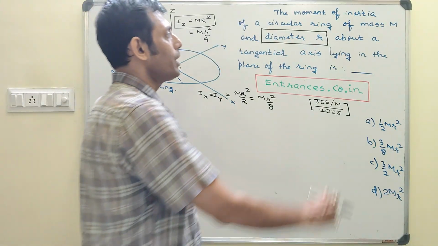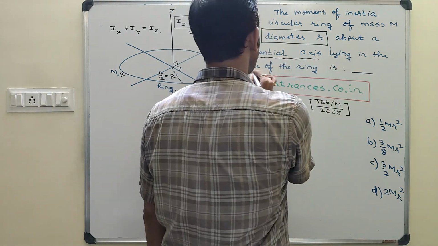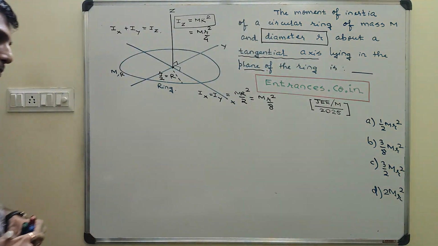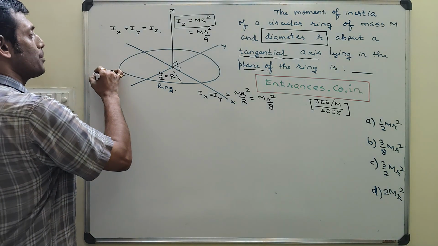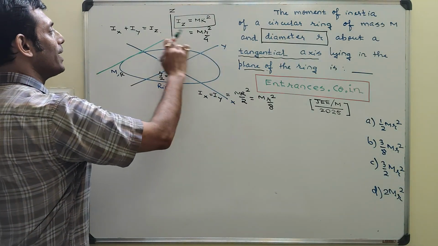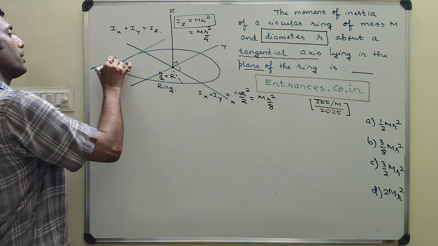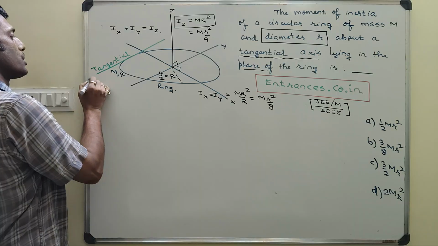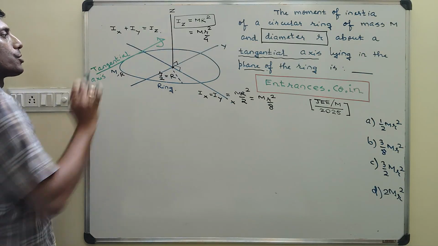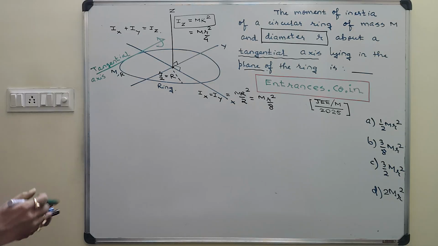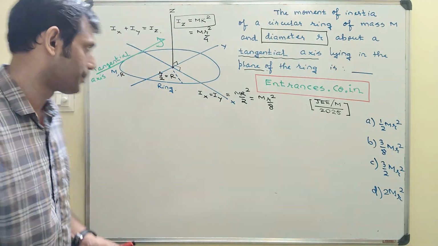They are talking about a tangential axis lying in the plane of the ring. Now, if that tangential axis is parallel to the y line, let's say this is the tangential axis, and it turns about this, then the parallel axis theorem would also be needed.